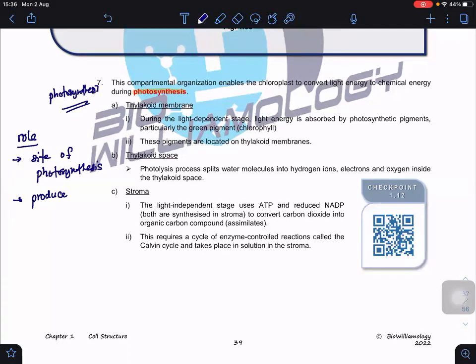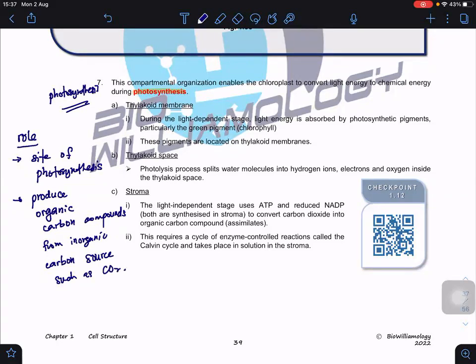The definition of photosynthesis is actually to produce organic carbon compounds from an inorganic carbon source such as CO2.